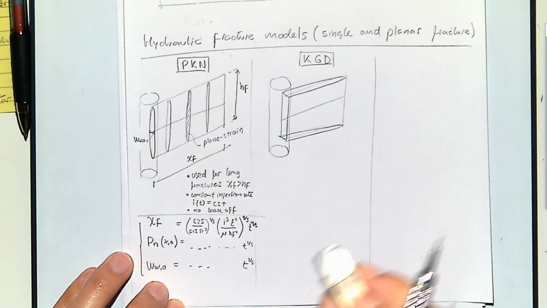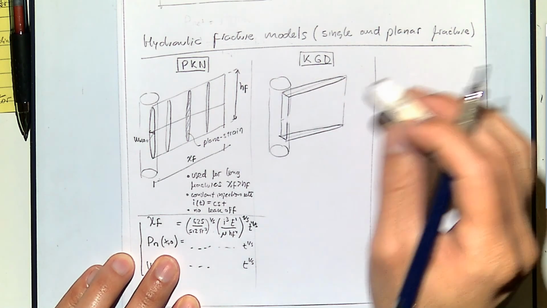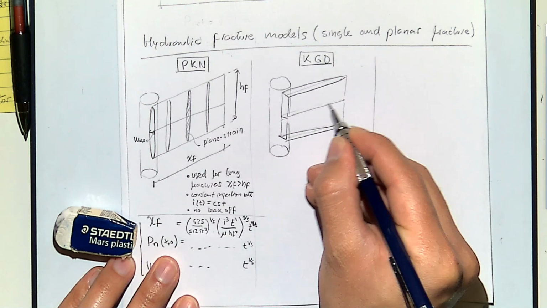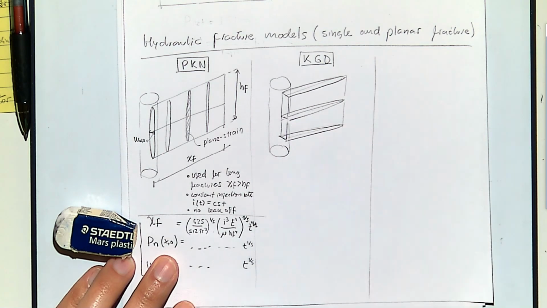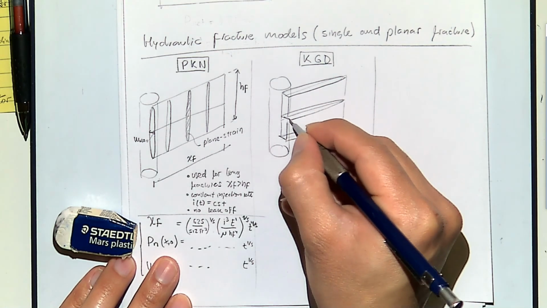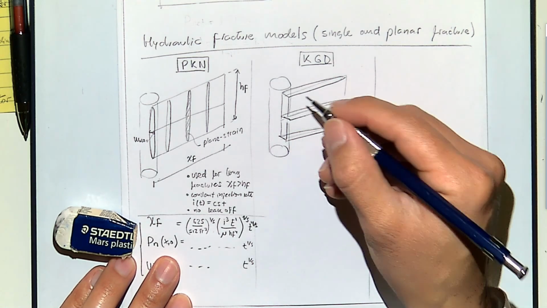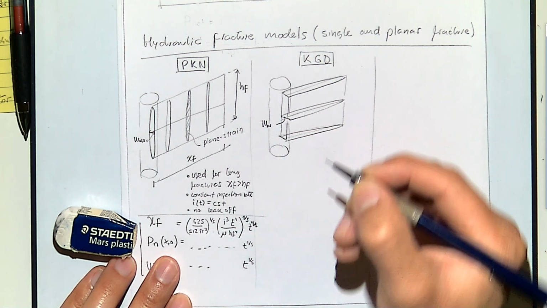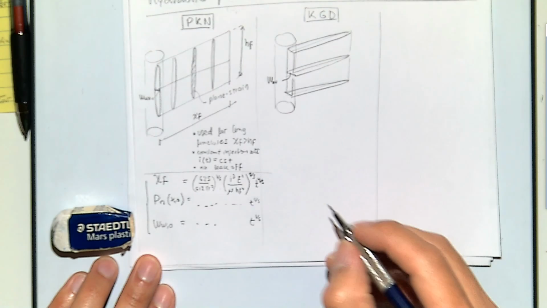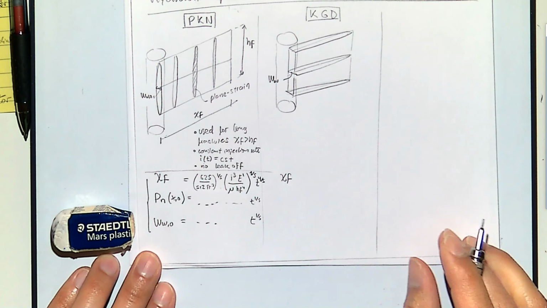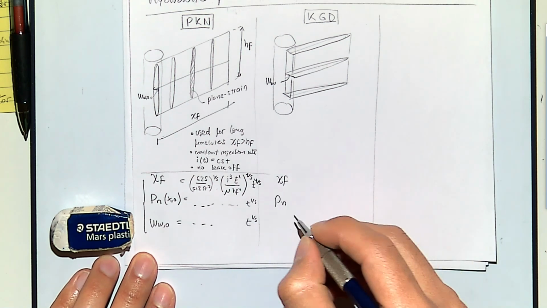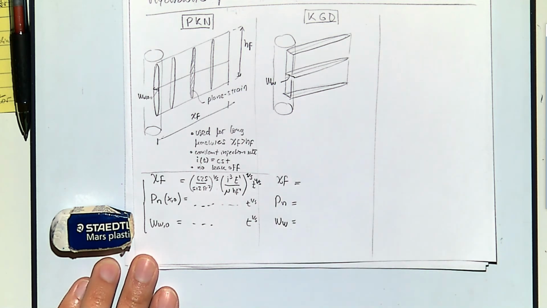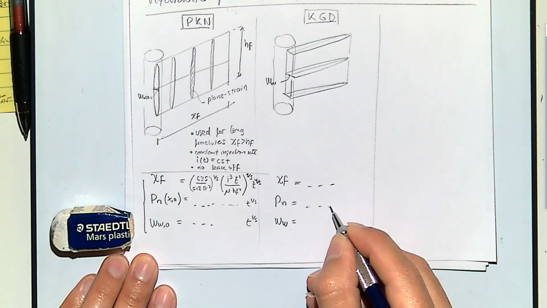Oh, my 3D drawing here is terrible. It's like this. Again, to propagate this fracture, to predict what is the width at the wellbore, to predict what is fracture half length, you can do the same thing that we did for the other one, and you can predict all of this.